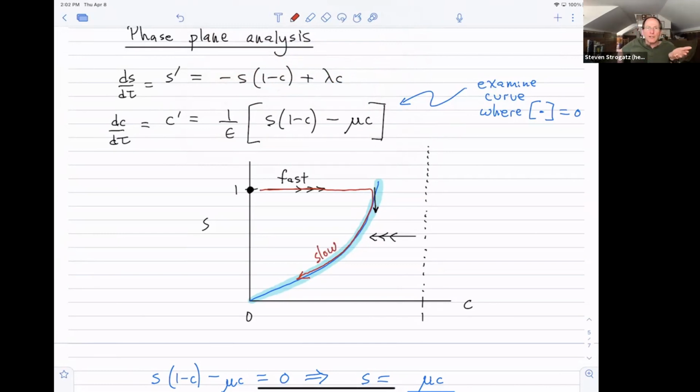Slow meaning it doesn't take time epsilon anymore. And that will take time order 1 to make any of those motions. I don't mean super slow, but order 1 time compared to order epsilon time.